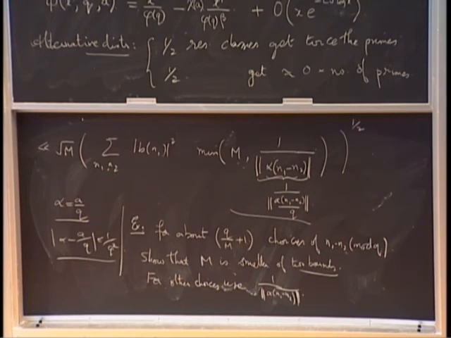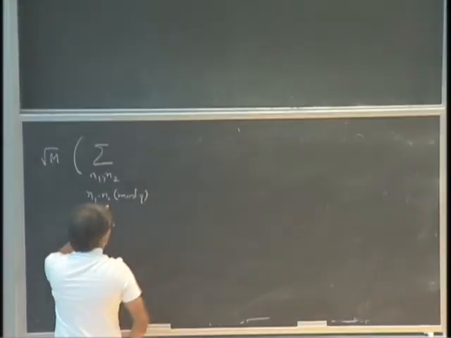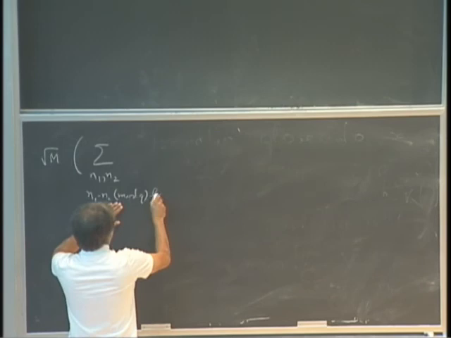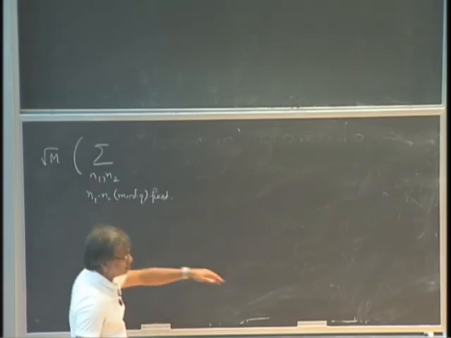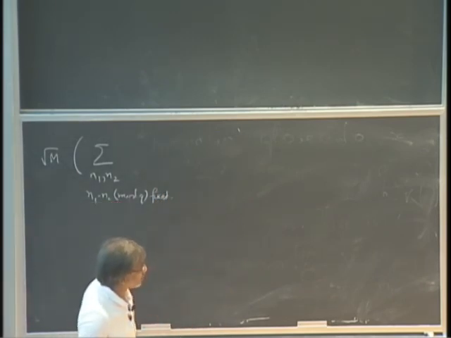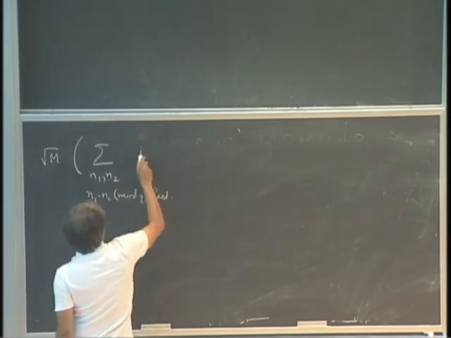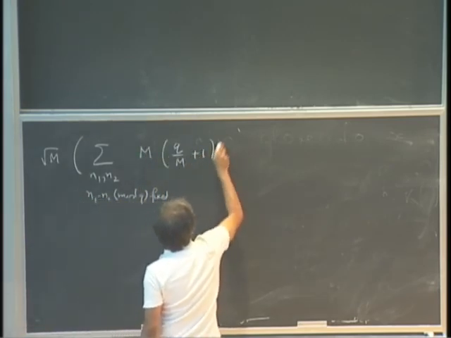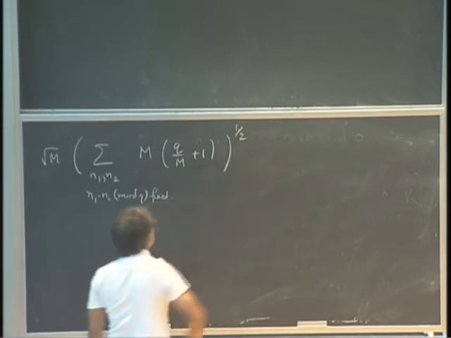So n1 minus n2 mod q is fixed in some number of ways, right? In this q over m plus 1 ways. And then there's an m times q over m plus 1. And then everything's square rooted.